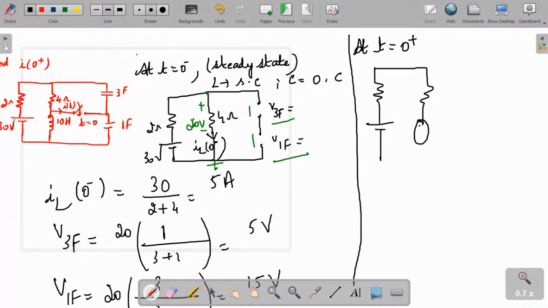So in this place the inductor will be replaced with a current source in series with a short circuit. So what current flows in the current source now? 5 ampere. Previously we found IL at 0 minus. So this will be the current stored in your inductor before the switch is closed.